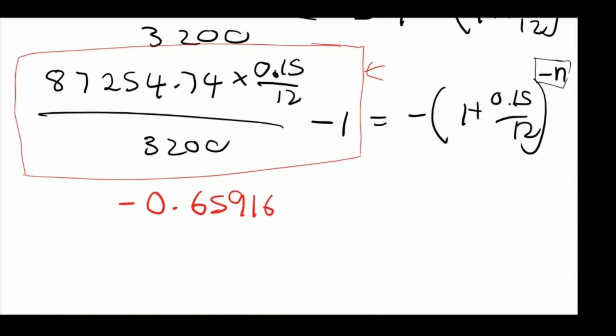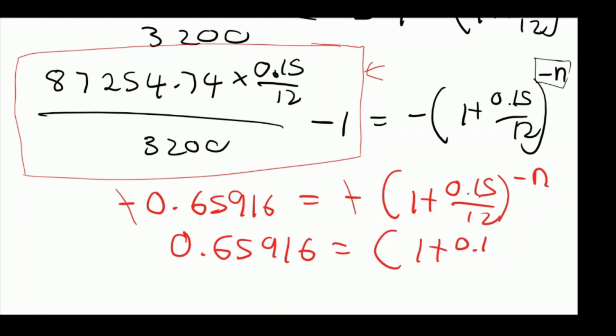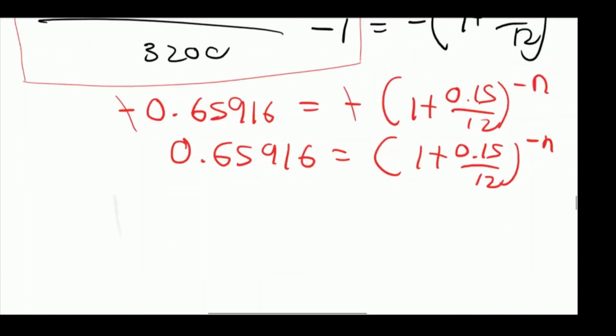It continues, but I'm just going to write it to 5 decimal places, equal to minus (1 plus 0.15 over 12) to the power of minus n. And then the negative will divide out, and you'll remain with 0.65916 equals (1 plus 0.15 over 12) to the power of minus n.